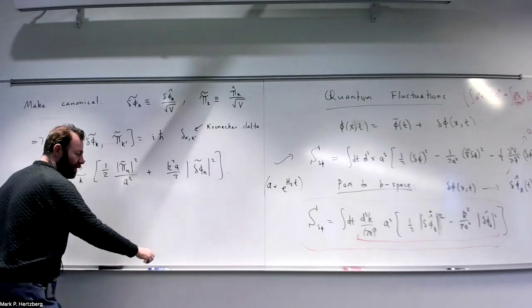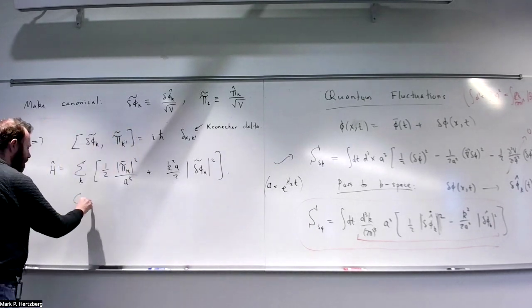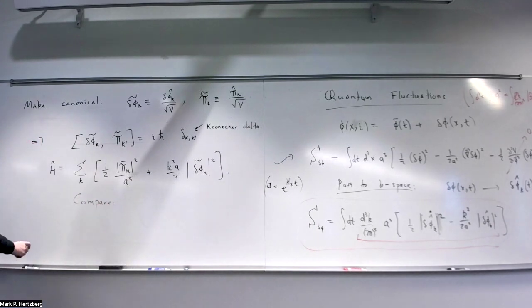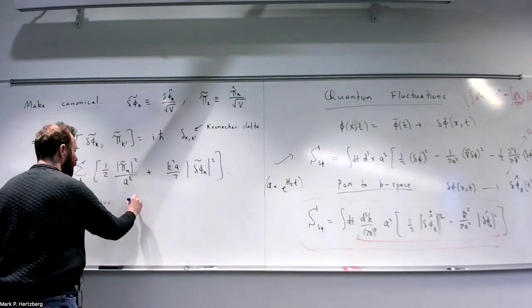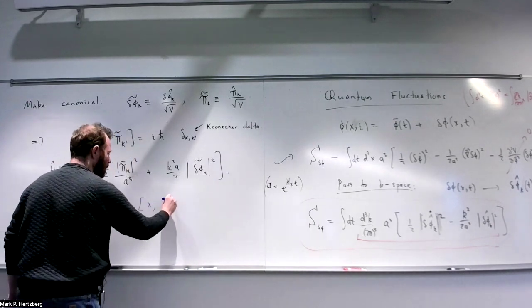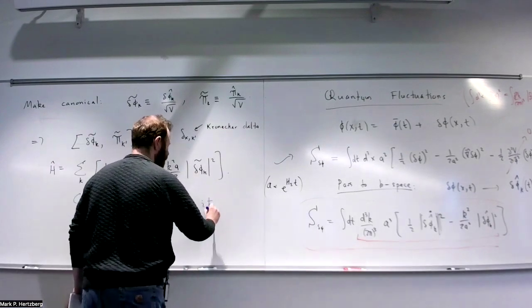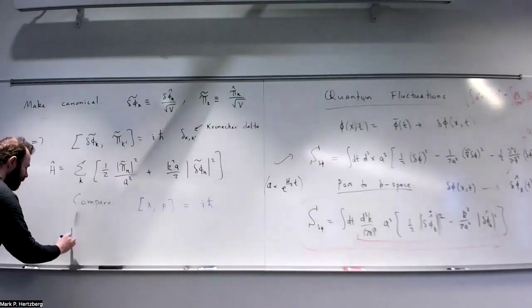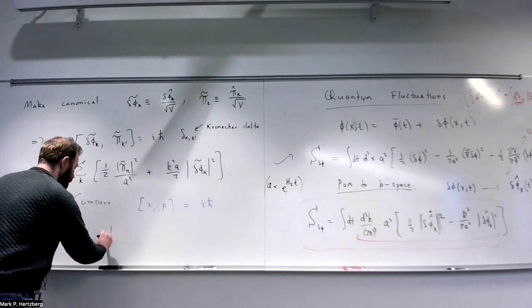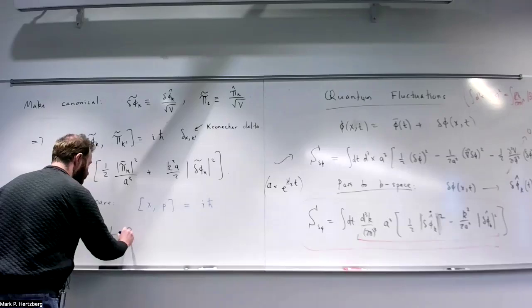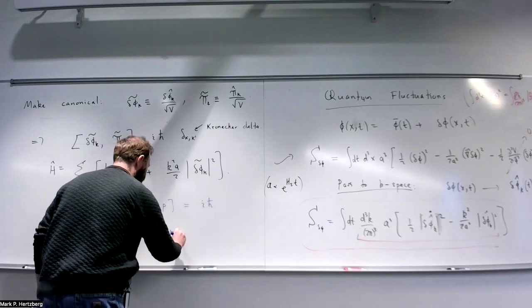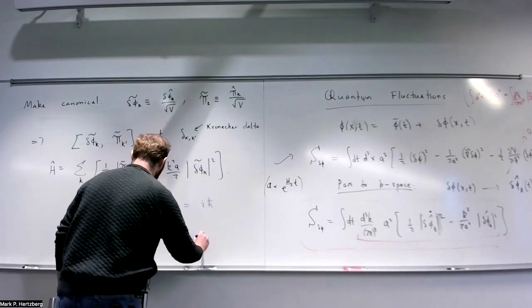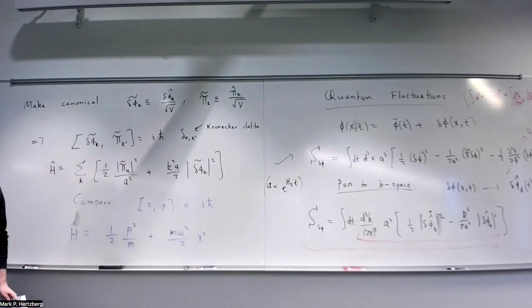So we can compare this to, say, x comma p is i h bar, and the Hamiltonian, half p squared over m plus m omega squared over 2 x squared, as your standard Hamiltonian for the harmonic oscillator.